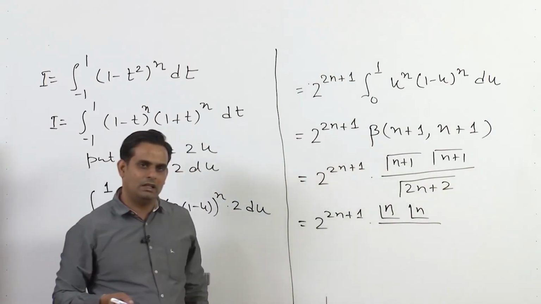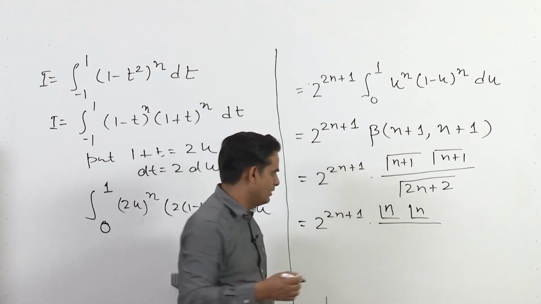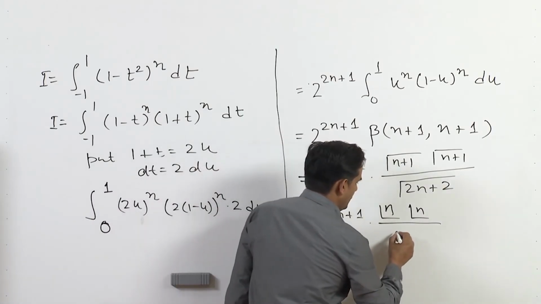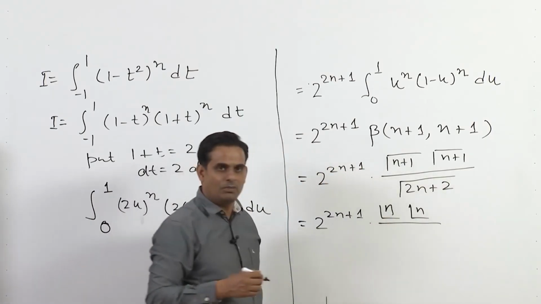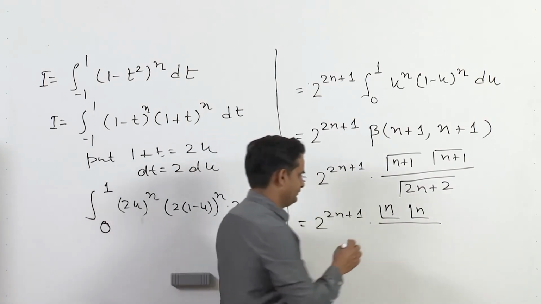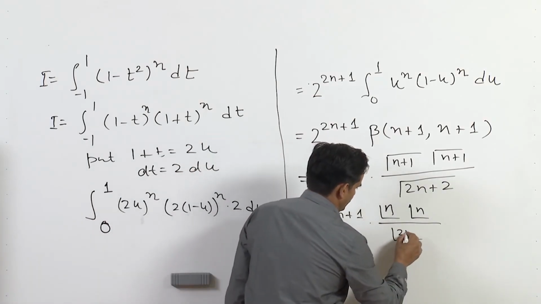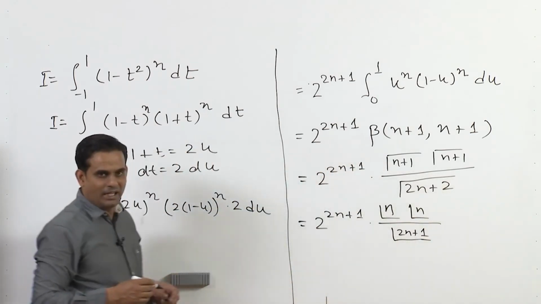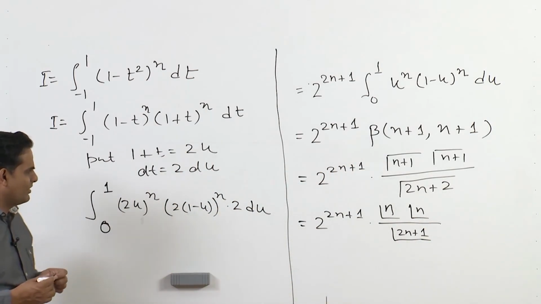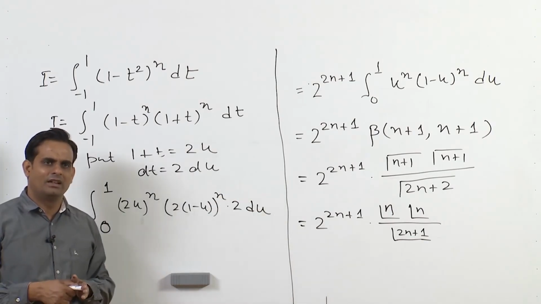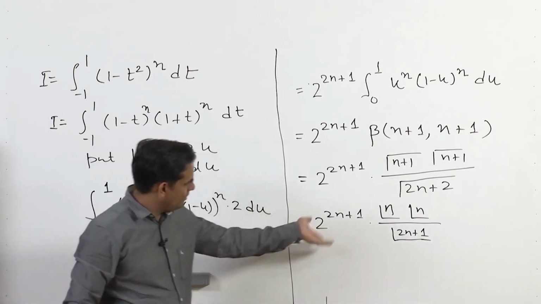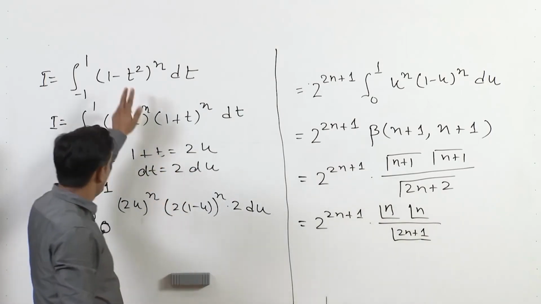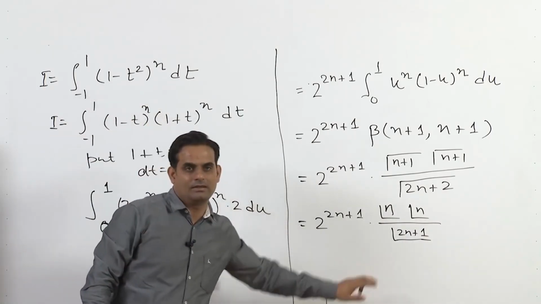So, 2n plus 2, it will become factorial of 2n plus 1. Okay. And later on you can simplify it a bit more. So, this is the value of this particular integral.